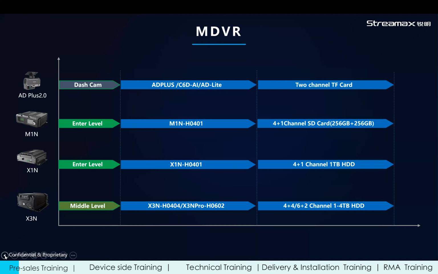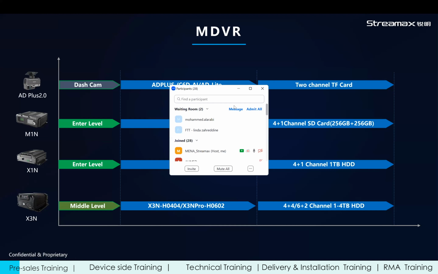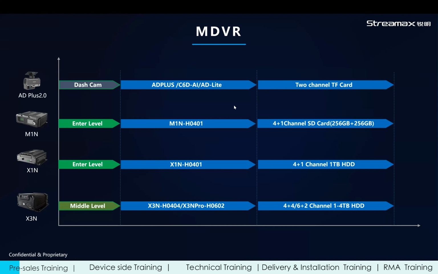And then we will move to the X3N. This MDVR is actually middle level. It supports up to 8 channels of recording, and the difference between X3N and X3N Pro is the hard disk. You can see from here, I put X3N H0404 and X3N Pro H0602.